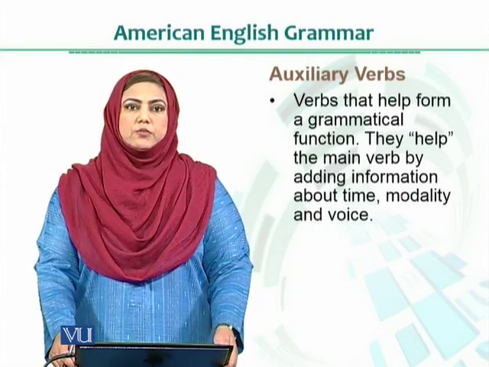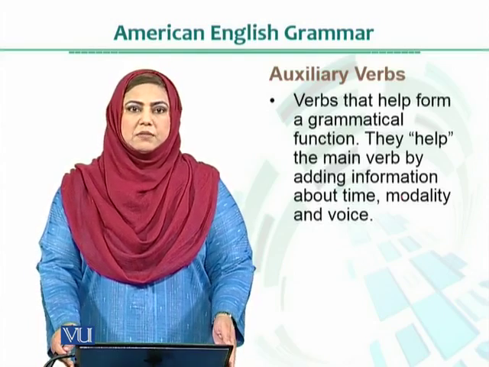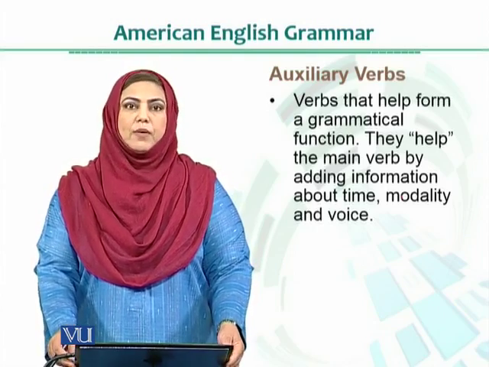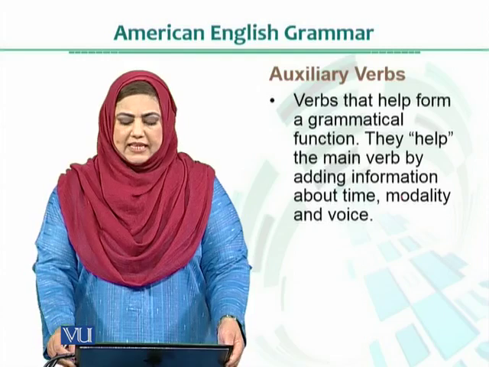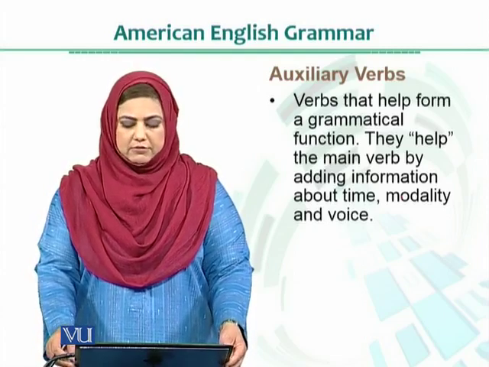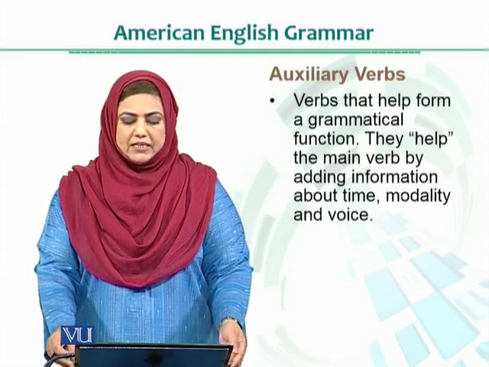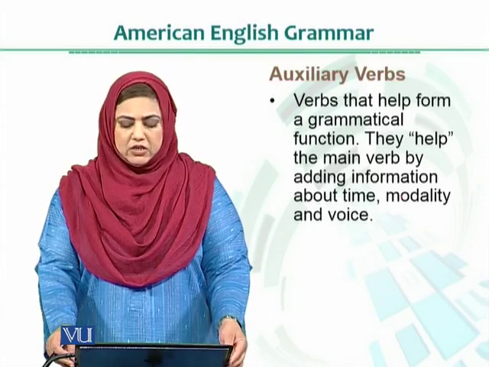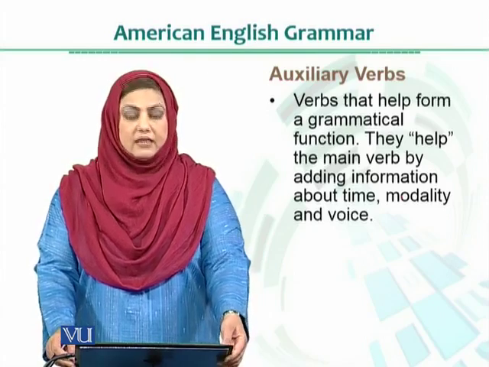Another difference between the American and the British varieties of English is the use of auxiliary verbs. Verbs that help form a grammatical function are called auxiliary verbs. They help the main verb, which is why they are sometimes called helping verbs, by adding information about time, modality, and voice.